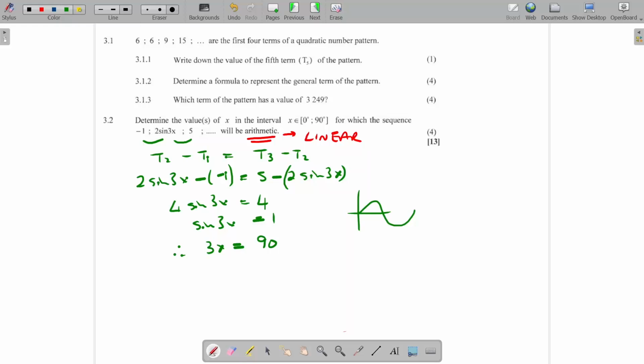Why don't we need to worry about the period descriptor, etc.? Because they say to us only in that interval. So we don't need to put in that period descriptor, the repetitions. So we know it is only equal to 90. We divide by the 3, and x equals 30.